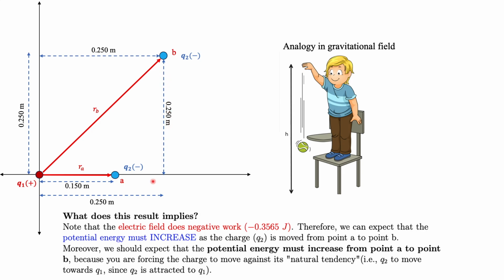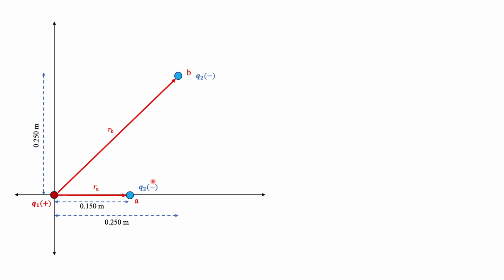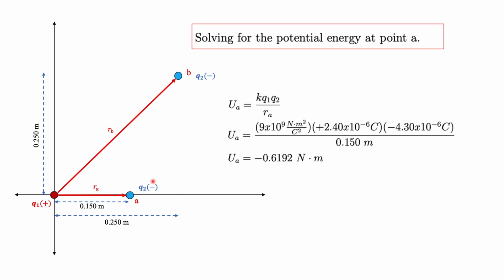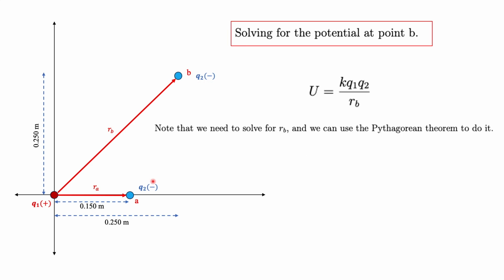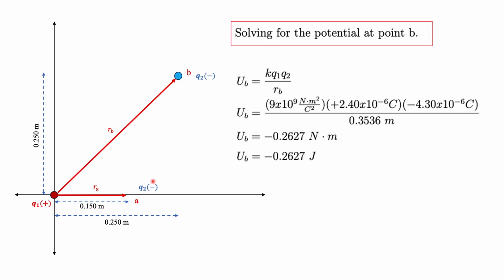Now, if we go back over here to our calculation, let's see if that is correct. The potential at A that we have solved is 0.6192. The potential at B that we have solved is 0.2627. Now, since these are negative, the smaller the number is, it actually has a larger value.